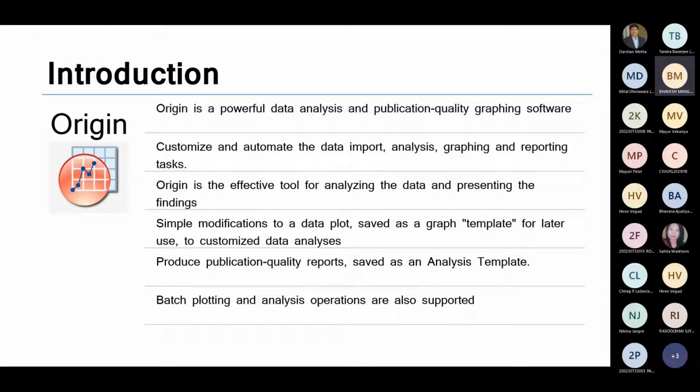Origin is an effective tool for analyzing the data and presenting the findings. Simple modification to a data plot can be saved as a graph template for later use to customize data analysis. Produce publication quality reports and save as an analysis template also.